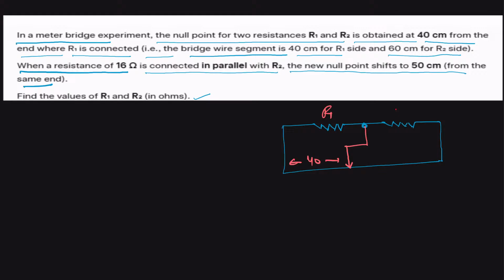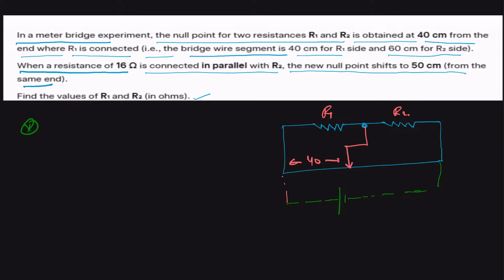This is R1 and this is R2, and there will be a battery source connected here. Basically, the meter bridge at the null point is a balanced meter bridge.